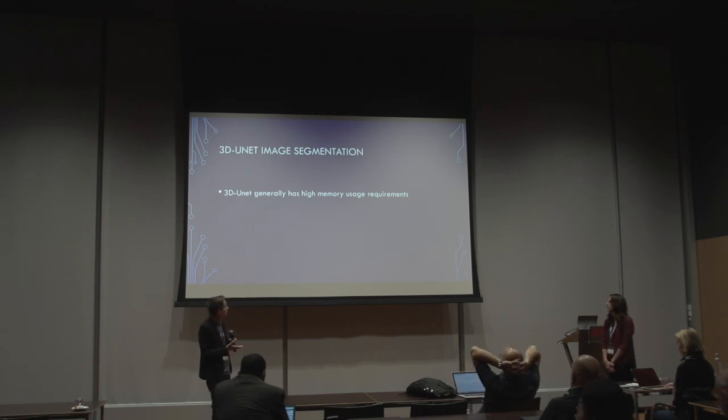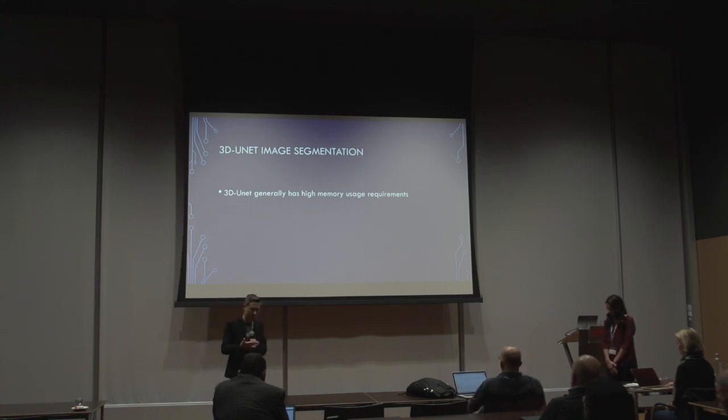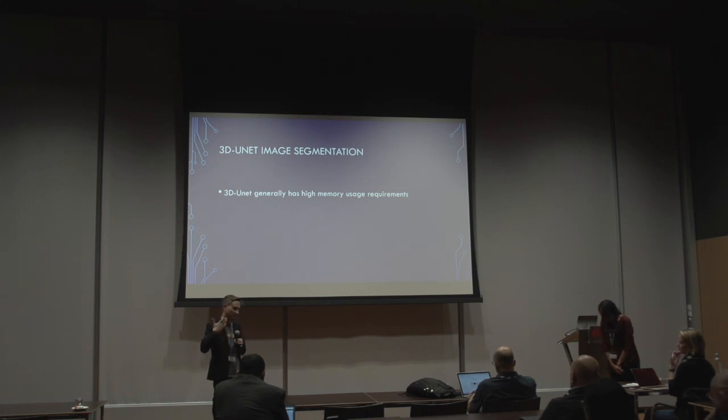The 3D part means that we're working with three-dimensional images, like entire scans, for example. And UNet is just the slang for how the model is built. There's an interconnected up-and-back structure to it, so it's kind of a U. But 3D UNet models generally have very high requirements on data. Usually 3D images already have a lot of data.